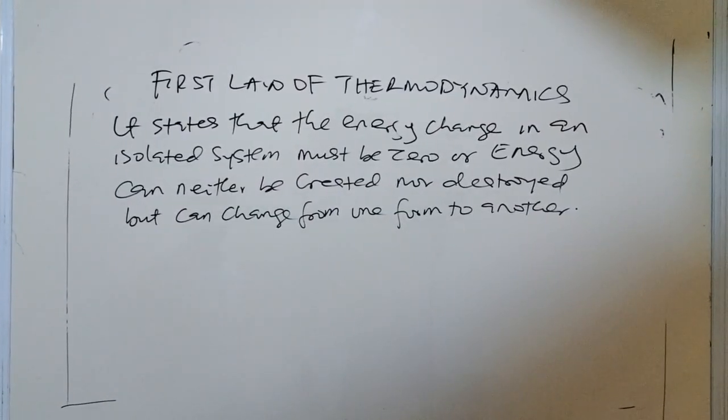So the first law of thermodynamics states that the energy change in an isolated system must be zero. Remember that an isolated system is a system whereby matter and energy are constant, so there's no energy change. Or you can put it this way: energy can neither be created nor destroyed, but can change from one form to another.